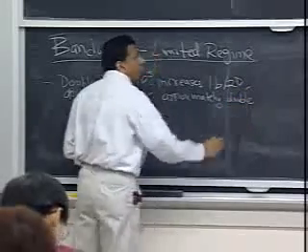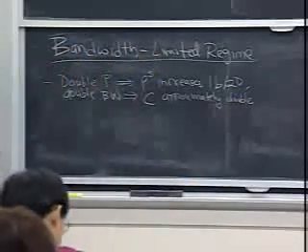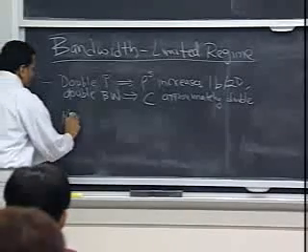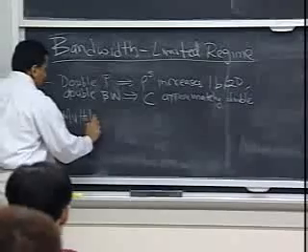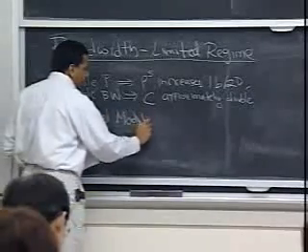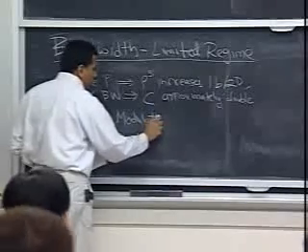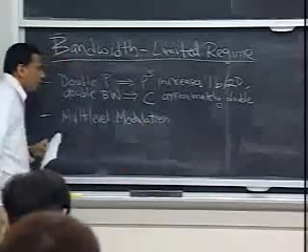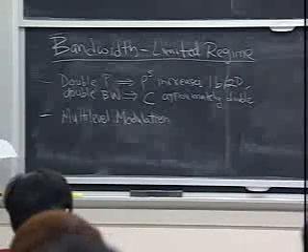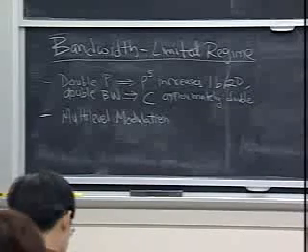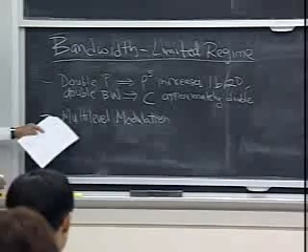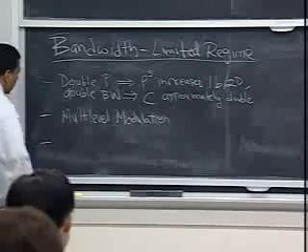Now, because you want a spectral efficiency of more than 2 bits per 2 dimensions, in these systems you typically do a multi-level modulation. So for those of you who are familiar, we do things like trellis-coded modulation and bit-interleaved coded modulation and so on. If we have time, we will be seeing these things towards the very end of the course. This is not a subject of the course as such.